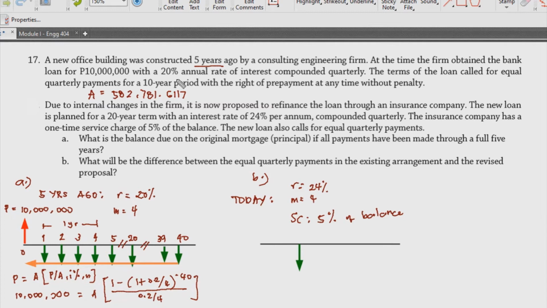Immediately, the payment would be something like you already have 20% on the 10 million. So that's quite large. If I try to compute, around 2 million is the immediate additional expense. That is what you can immediately imagine as the extra payment, which is why your annuity is quite large. Imagine every quarterly payment would be 582,781.6117, and you only borrowed 10 million. So if you imagine, after 20 payments you should have paid all of it.